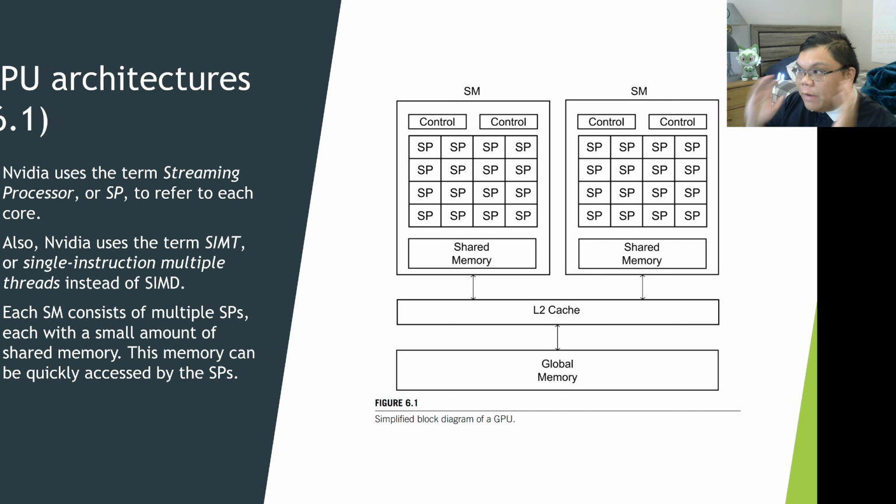Basically, we have multiple cores forming one group, and there are multiple such groups on a GPU. In other words, multiple SPs, among other things, such as the control and shared memory, make up one SM. Multiple SMs make up the entire GPU, among other things, such as cache and memory.